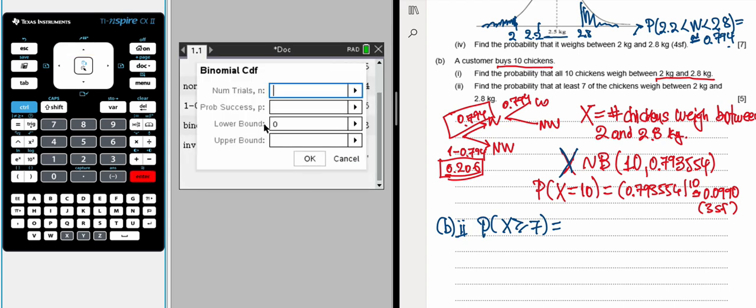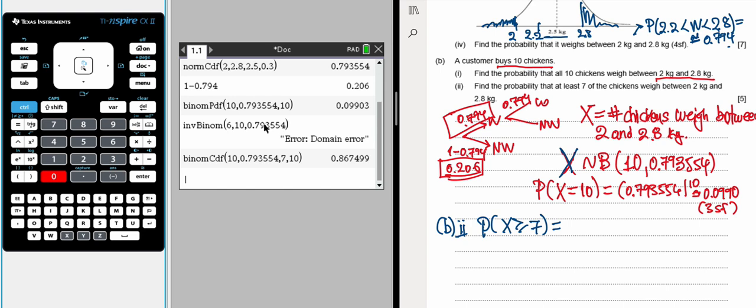Number of trials, we have 10. Probability of success is 0.793554, and the lower boundary is, of course, 0, no wait, that's a mistake. We want either 7 or above, so the lower boundary is going to be 7, and the upper boundary is going to be 10. Press tab, press OK.